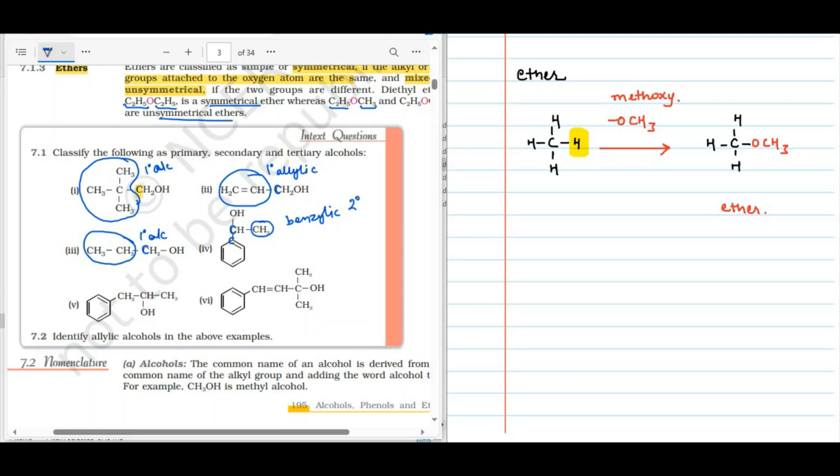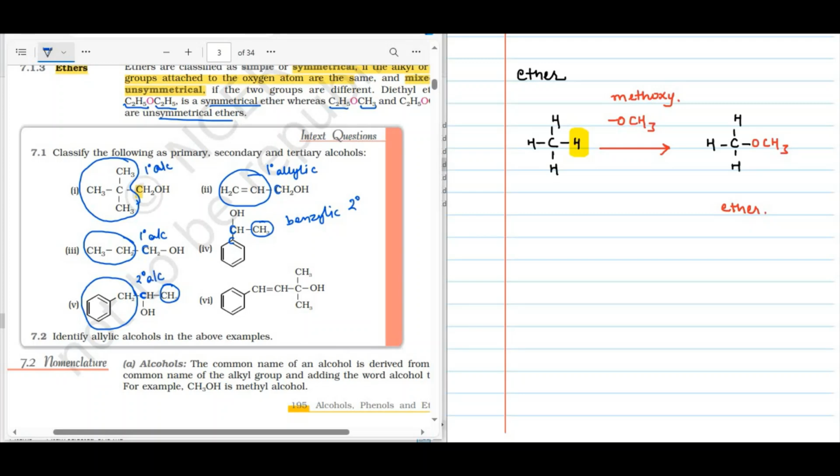So the alcohol will be secondary benzylic alcohol. In the fifth example, the carbon to which OH is bonded is bonded to two alkyl groups. Here this is one alkyl group and this is one bigger group. So this carbon is the secondary carbon and the alcohol will be secondary alcohol.